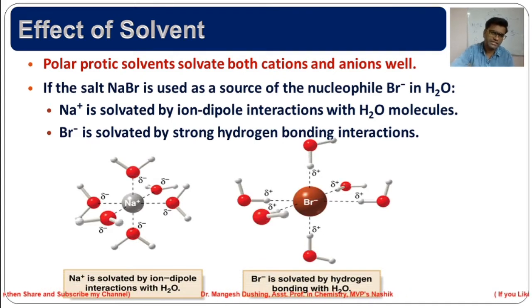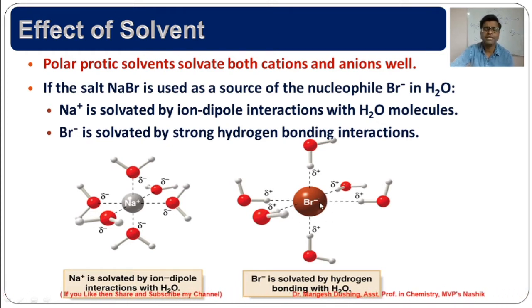For example, this is the Na cation solvated by water molecules. These are the oxygens, which are partially negatively charged, and sodium is partially positively charged, so it is solvated and these ions are quite stable. Similarly, this Br minus is also solvated by hydrogen bonding of H2O.